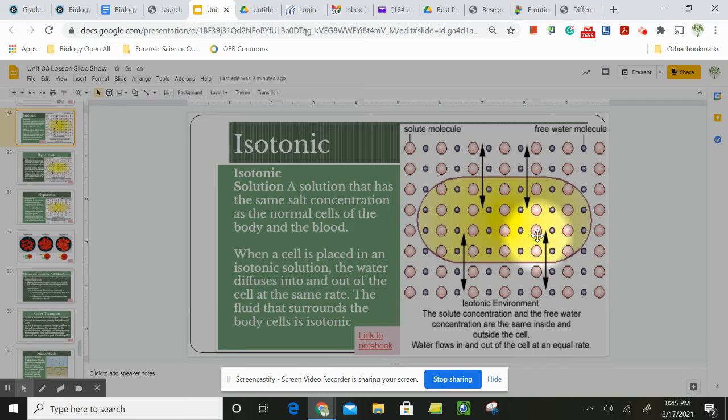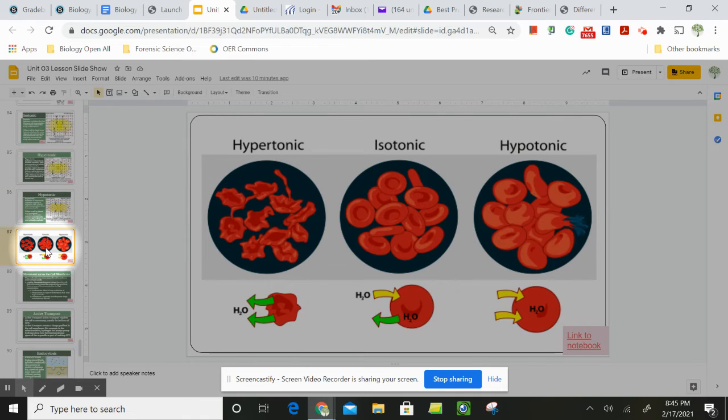So you have these solutes, and they could just be different types of molecules, moving evenly into and out of the cell. Okay, that's isotonic.